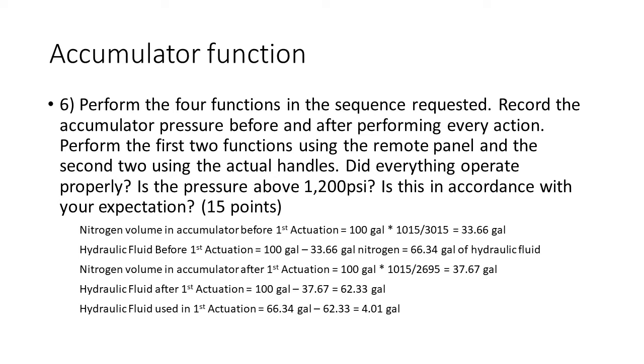After each step, record the pressure. We can use the pressure to calculate the volume in each step. So at the beginning, when we have 3,000 psi, we can calculate the nitrogen volume in the system as 100 times 1015, that's the pre-charge plus 15, rounded off from 14.7 psi, divided by 3015, that's the pressure plus 14.7 psi rounded off.